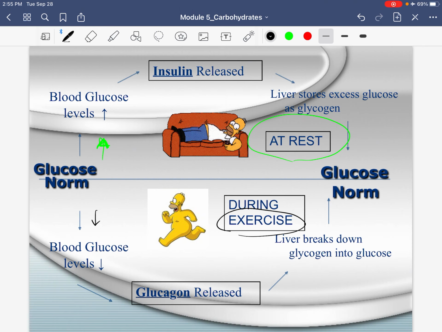But initially during exercise, blood glucose goes down, and therefore glucagon will be released, which helps us break down some glycogen back into glucose to bring blood glucose back up to normal. You should know these two situations. What hormone is released when we just ate or when we are at rest? And then what hormone is released when we haven't eaten for a while or just began exercising?